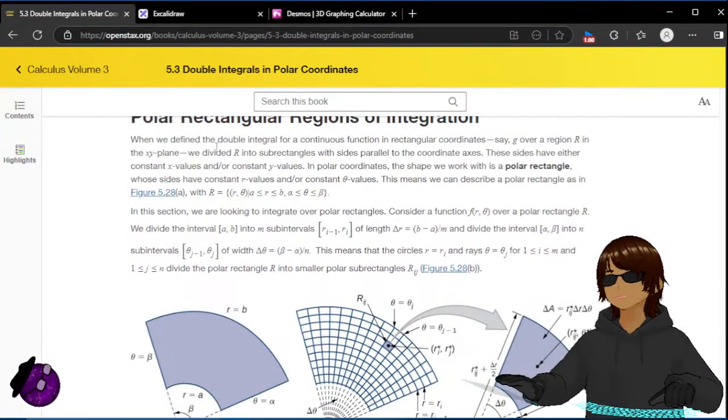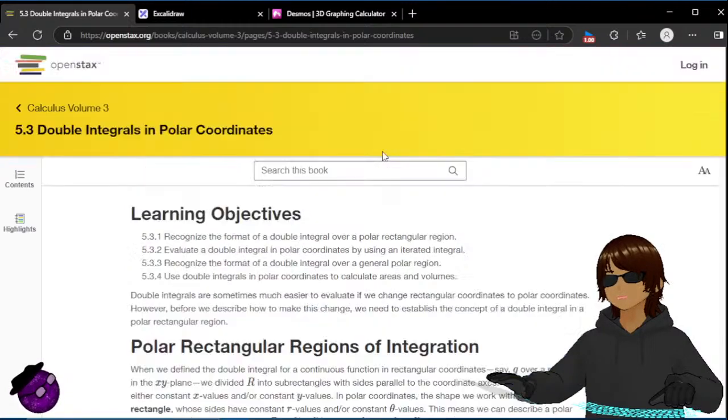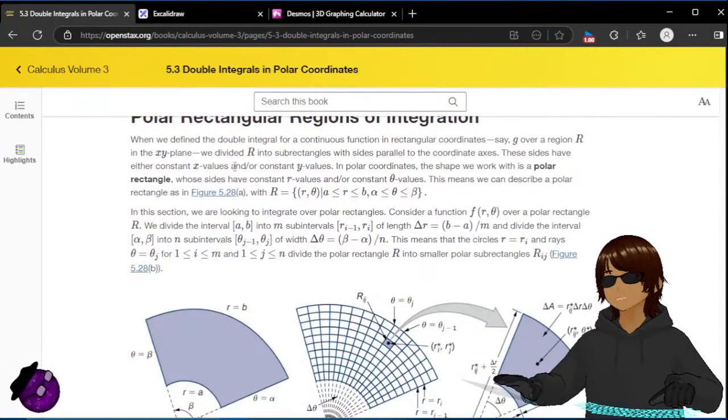When we define the double integral for a continuous function in rectangular coordinates, say g over a region R in the xy plane, we divide R into subrectangles with sides parallel to the coordinate axes. These sides have either constant x or constant y values.